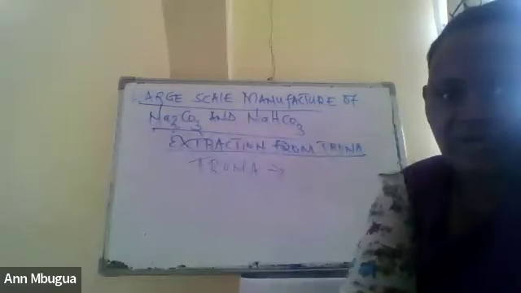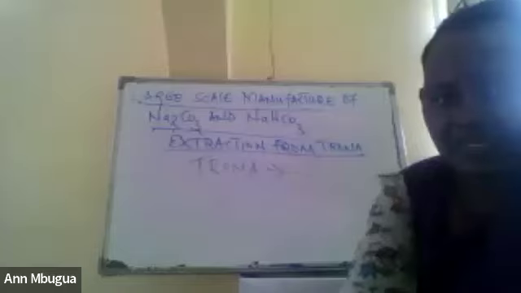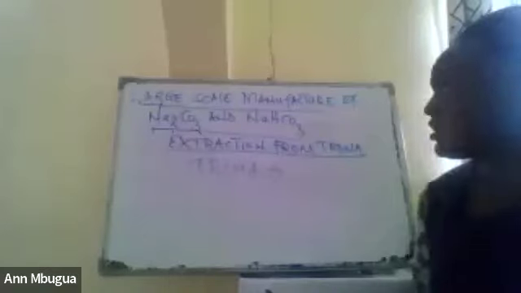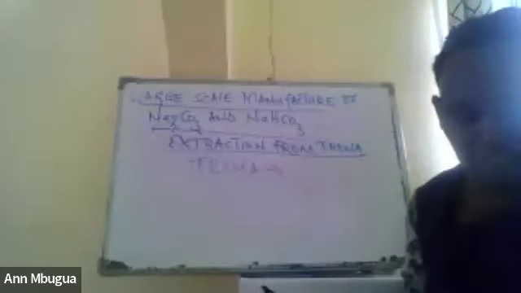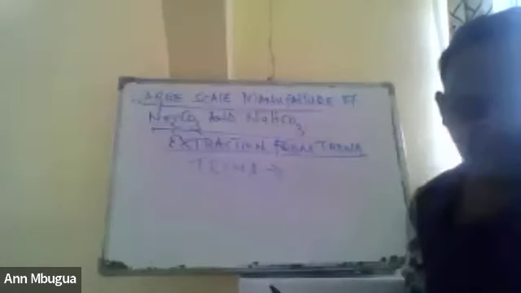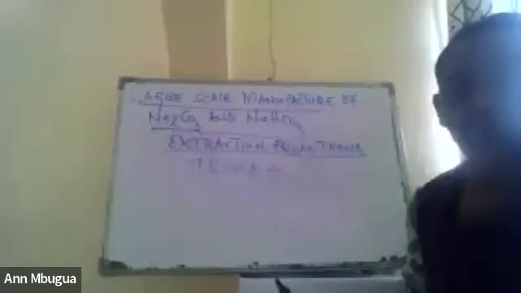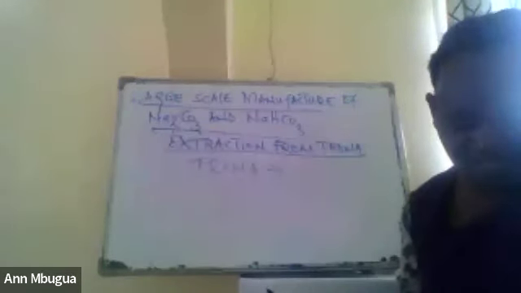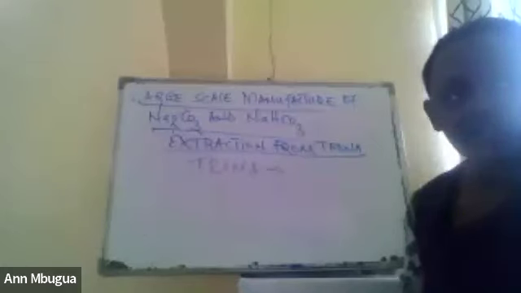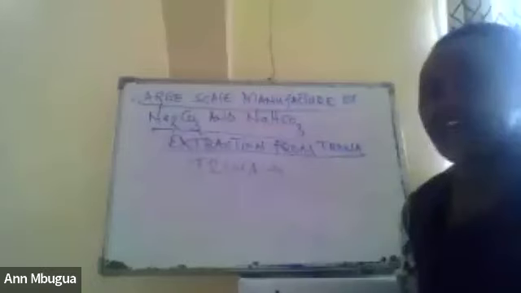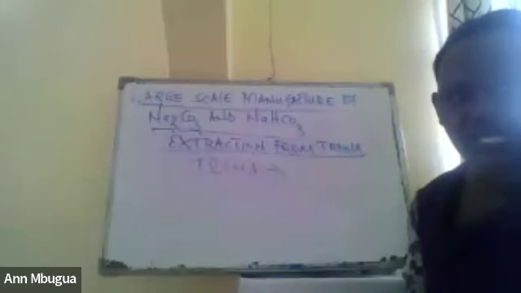I've said that the first method of obtaining sodium carbonate is through extraction from trona. So we need to know what trona is. It's a double salt, and this double salt contains two different anions, the carbonate and the hydrogen carbonate, and it is also hydrated. It contains water of crystallization.